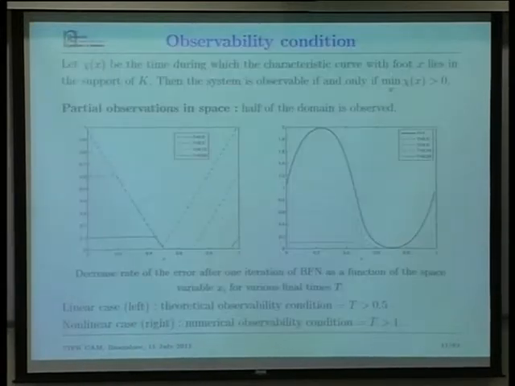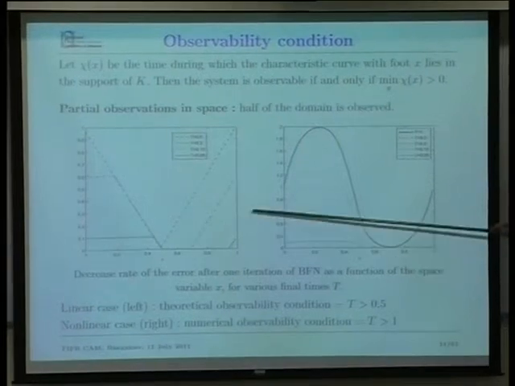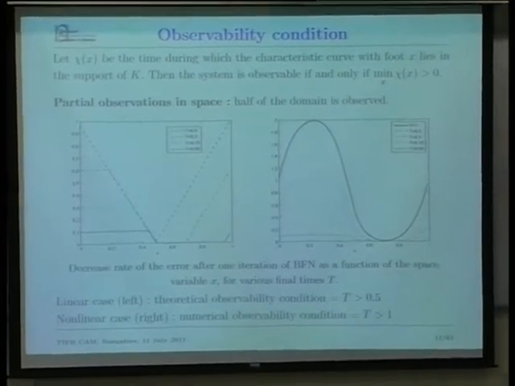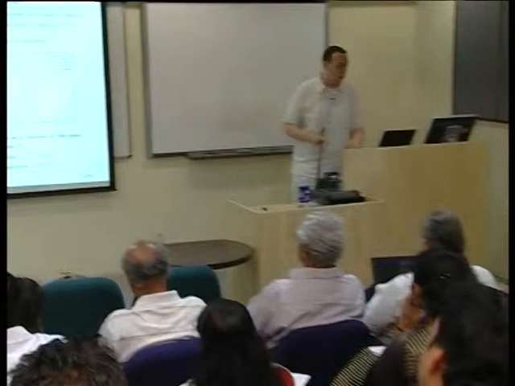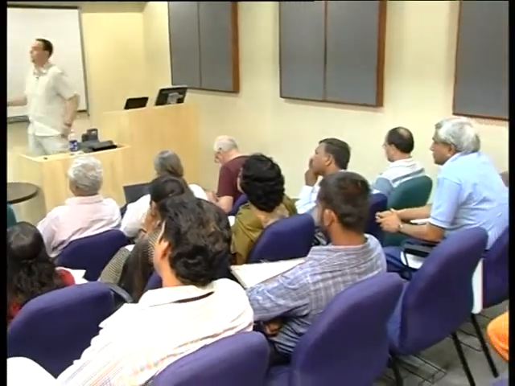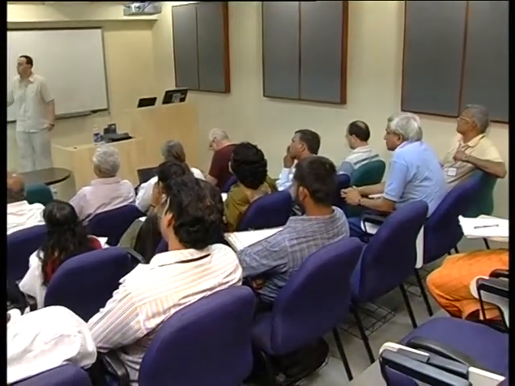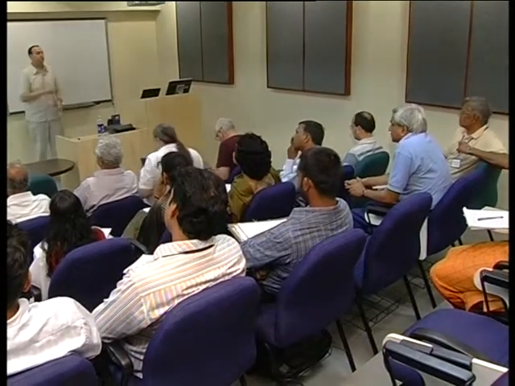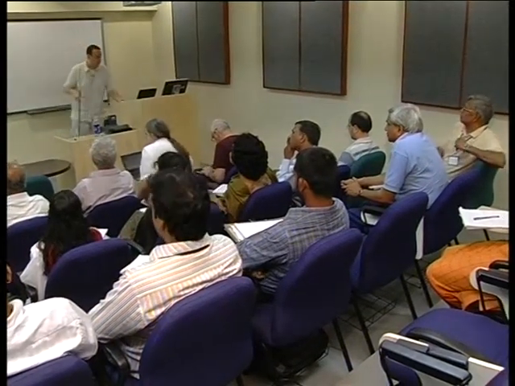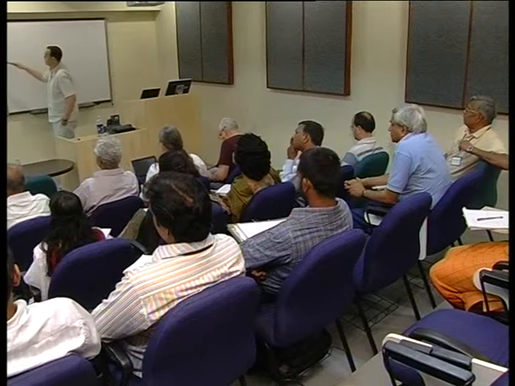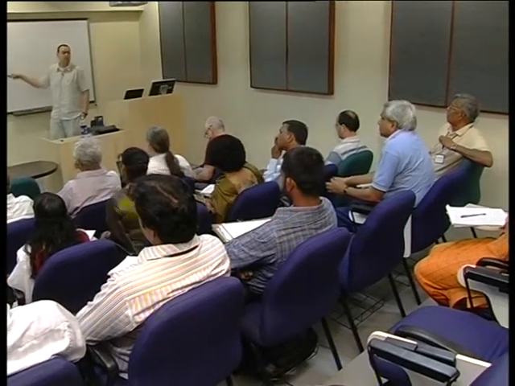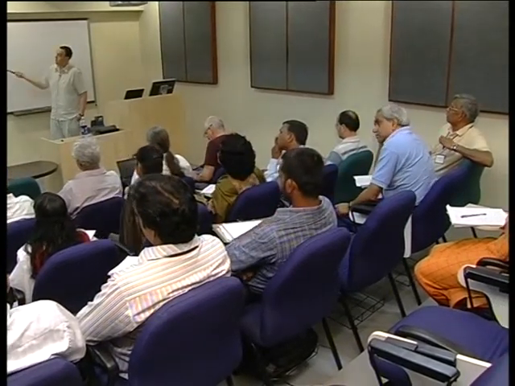You obtain the theoretical observability condition here by looking at the observability matrix until the rank is full. Here, you can simply use characteristic curves, and it's easy to see what the observability condition is.